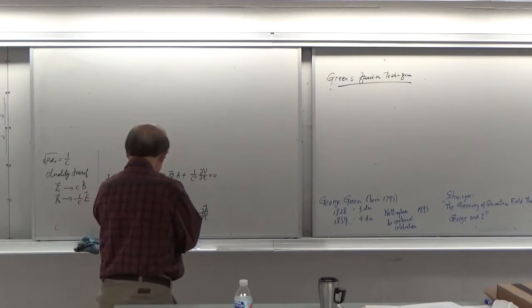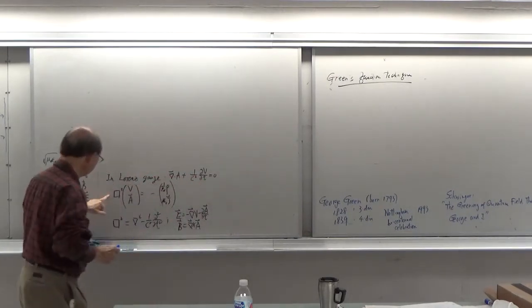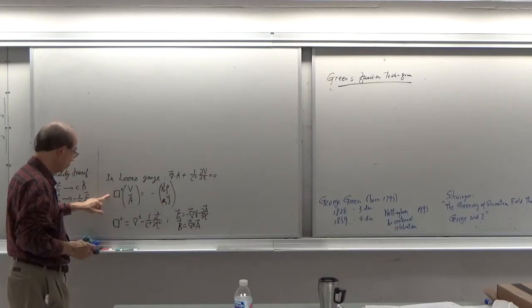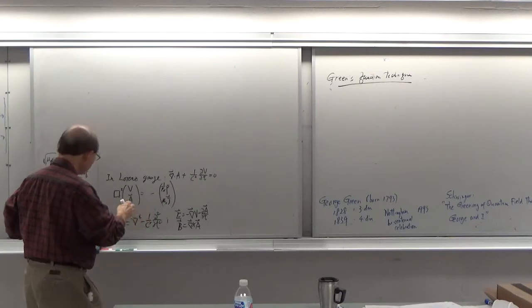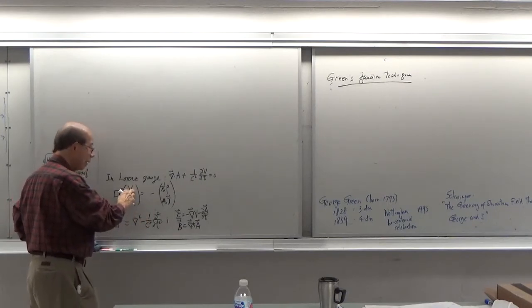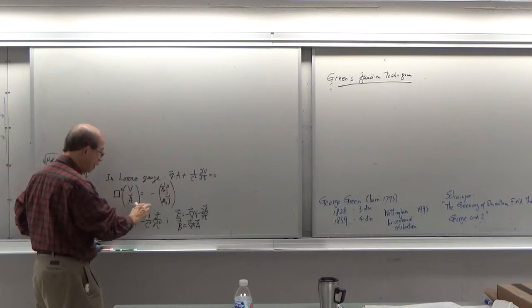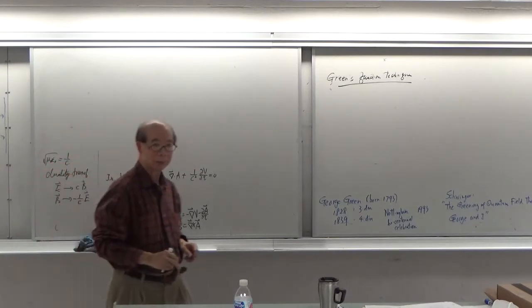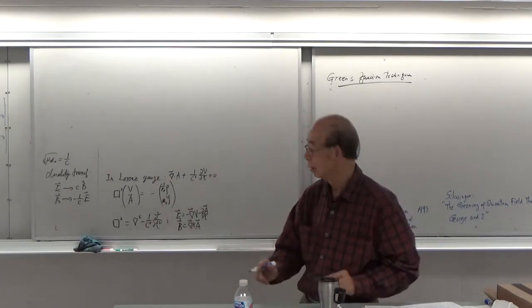All right, let me start with this equation for V and A. You notice that V is linearly related to rho, just as A is linearly proportional to J. This linear dependence prompts us to do the following.